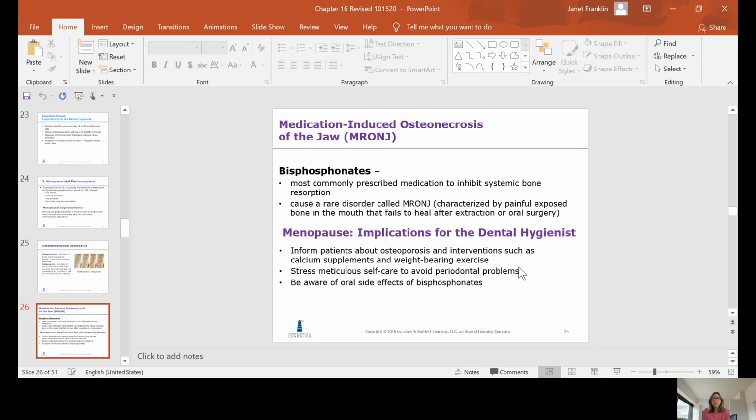Menopausal implications for the dental hygienist: inform patients about osteoporosis and interventions such as calcium supplements and weight-bearing exercises. Stress meticulous self-care to avoid periodontal problems, and be aware of oral side effects of bisphosphonates. Again, educating your patient is the most important thing.